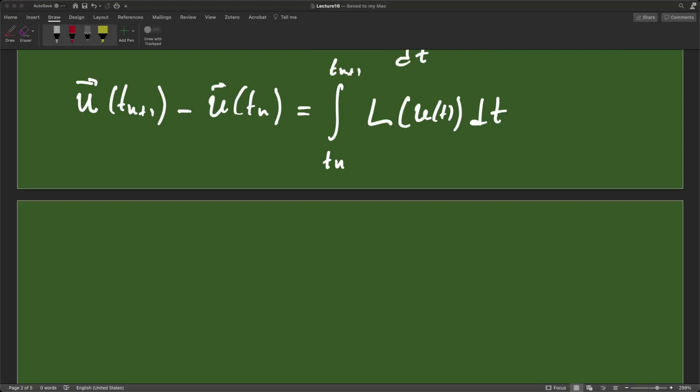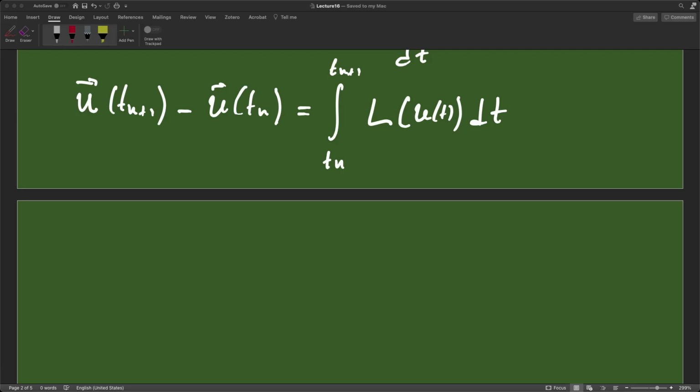Now, one way to approximate this integral is to do the trapezoidal rule, or we can do the Hermite rule, or we can do a Taylor expansion, and so on. Instead, let's first consider a Runge-Kutta method.